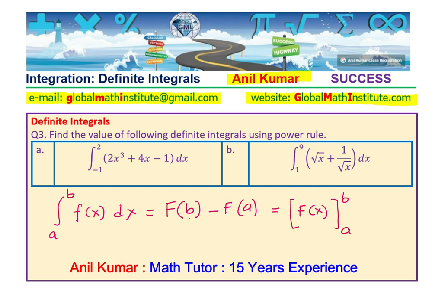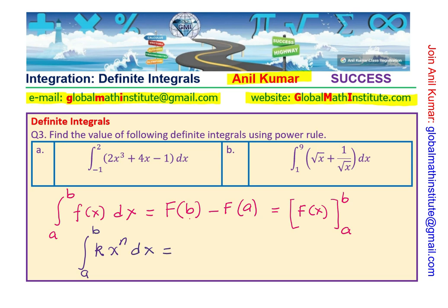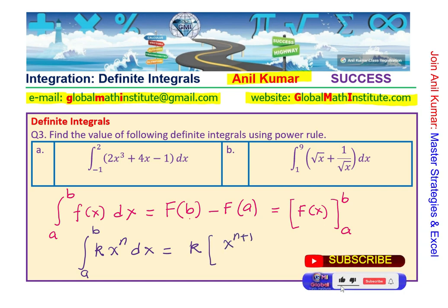Now, when we use the power rule, let me write down the power rule. If the function is of the form k times x to the power of n, and limits being from a to b, integration with respect to x will be k times, since k is a constant, x to the power of n plus 1 over n plus 1, from a to b.